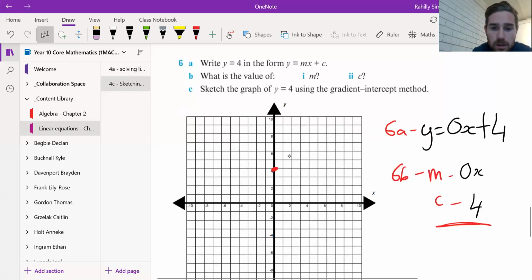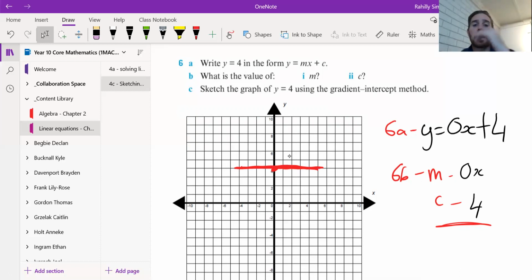So your line is just going to look like that. It's not on any sort of angle at all, but it is still a straight line. Okay? So if we have y equals 4, there's no x value at all, meaning there is no gradient, meaning our line is going to be horizontal, going straight through the y line.